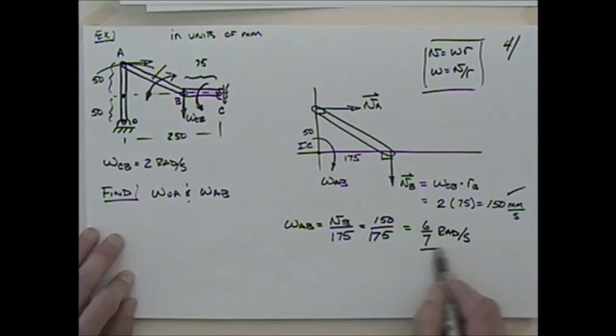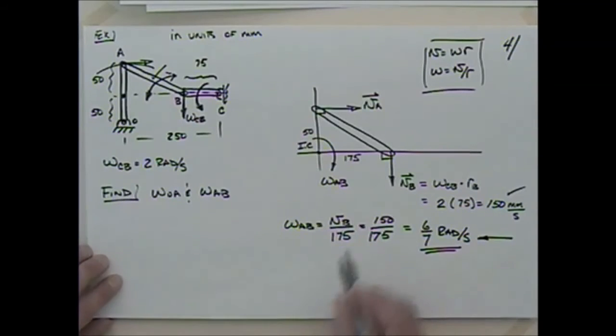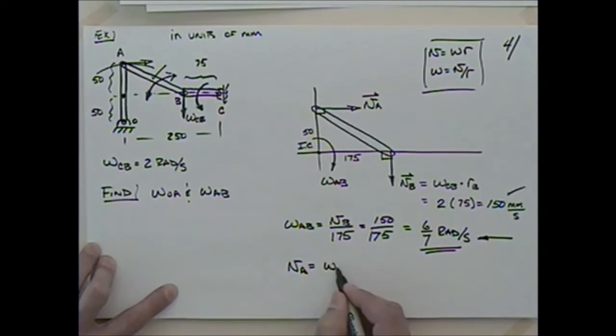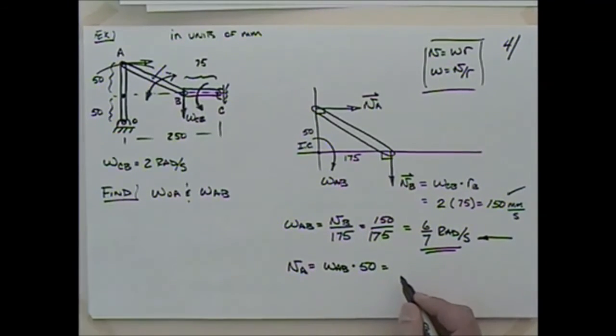Okay, so we really have the same answer there. Then what if I want omega OA? Well, let me talk about the velocity of A. I could say that that's equal to omega AB times what, 50, the distance? Do I have omega AB?